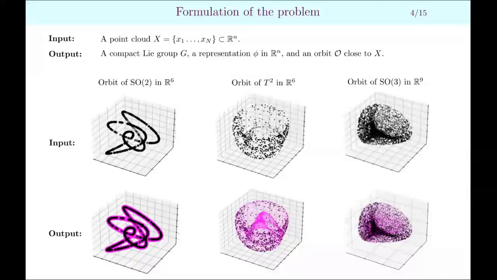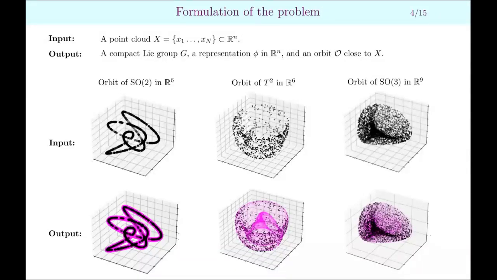We'll introduce some of these notions in the next slides. For the moment, we'll focus specifically on these groups here: SO2, the circle, the torus, and SO3, the rotations of space. And here are typical orbits of representations of these groups. This will be our input, and these are outputs of the algorithm.